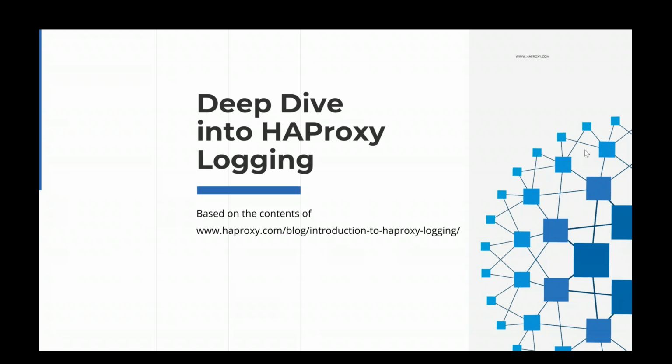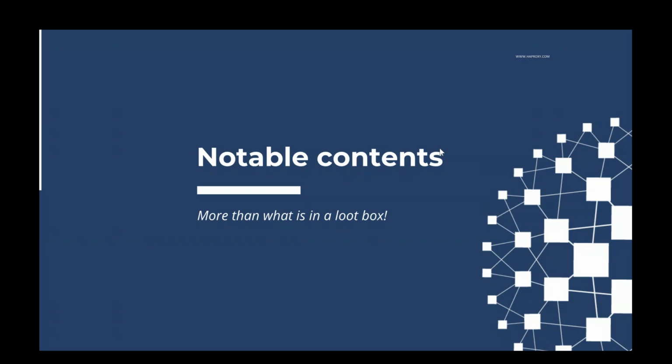Greetings. So, logging in HAProxy is something probably everybody has seen at one point or another if you've done any work with HAProxy, but there's quite a bit of detail in HAProxy logs. So, first I'm going to go over some of the basic components of a log and what's in it.